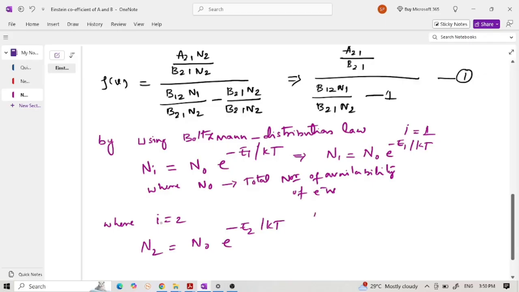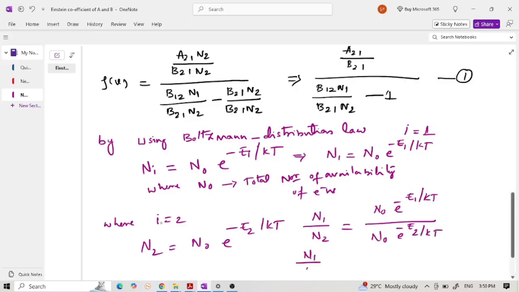So N1 divided by N2 is N naught e raised to minus E1 divided by KT over N naught e raised to minus E2 divided by KT.